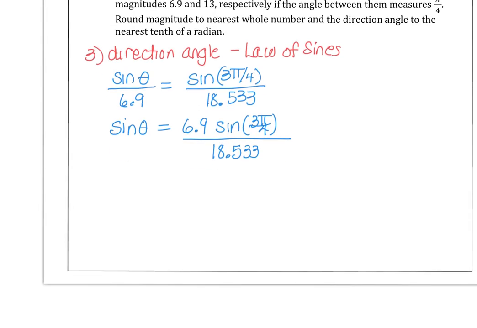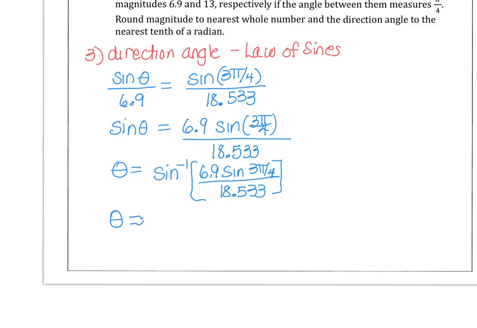And I like to do this on my calculator this way. To get the theta answer, I find sine inverse of that entire expression, 6.9 sine 3 pi over 4 divided by 18.533. If you're careful and do it all at once, you find that this is your angle measurement, about 1/4 of a radian.